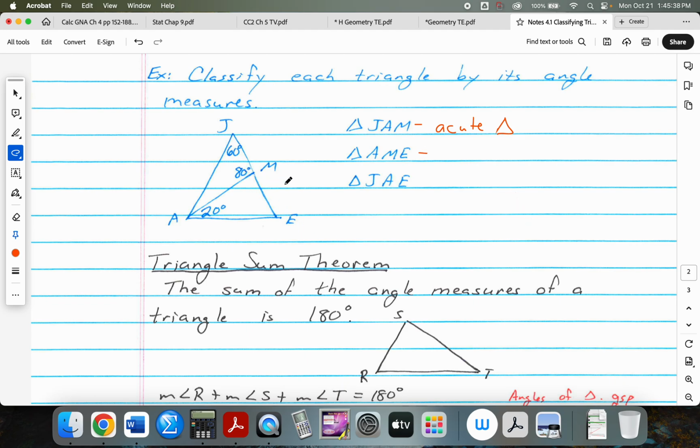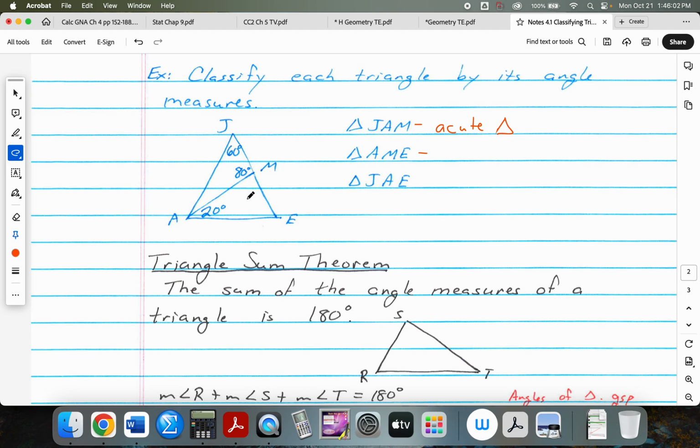Now, if we're looking at triangle AME, the only angle they gave us is 20, but we can figure out the measure of angle AME, this angle right here, because how is it related to the 80? These two angles. Is it linear?